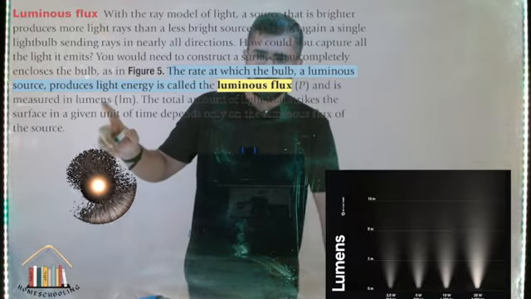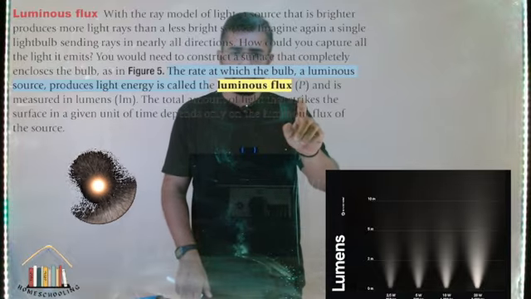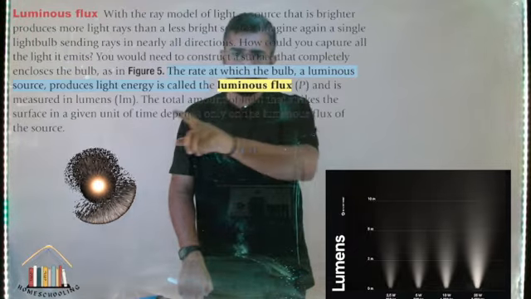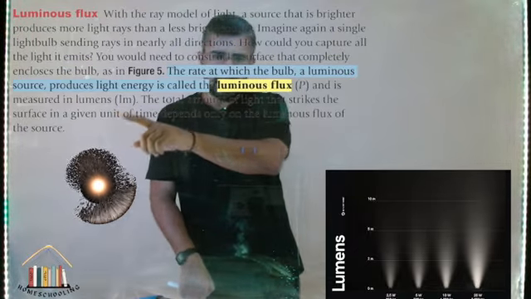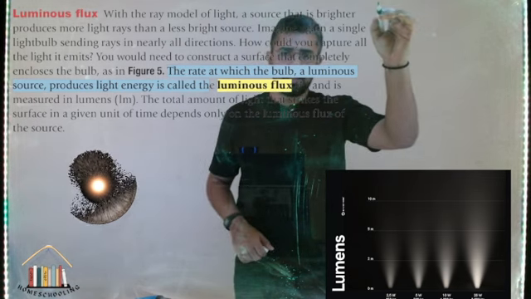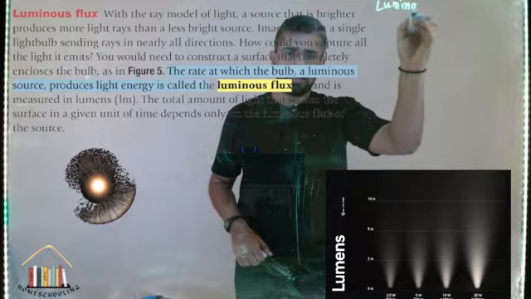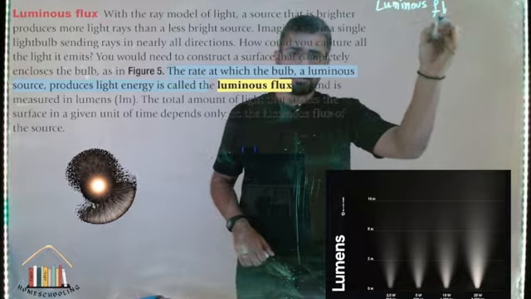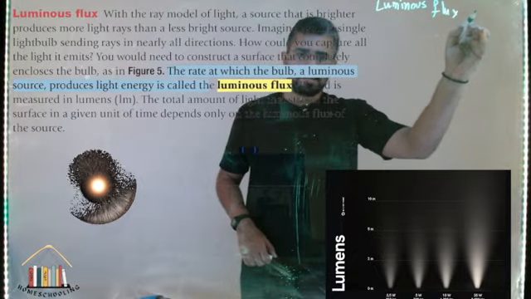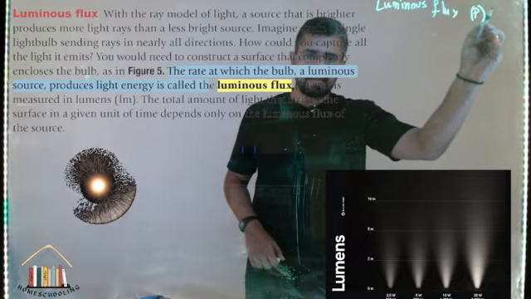The symbol of the luminous flux is P, and the unit is lumens, LM. So let's write it here. We have the luminous flux, symbol is P and unit is lumens, LM.